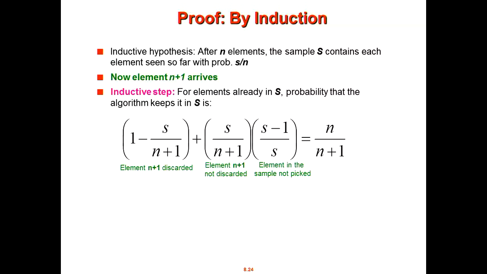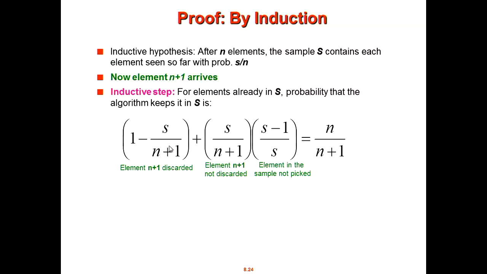And if it is not discarded, we need to do the second step. We need to replace one element in S with this new element, right? So we select one element uniformly at random from S. If it is picked, it's with probability 1 over S, right? So if it is not picked, it's with the complementary probability. This just corresponds to the two different possibilities of the algorithm.